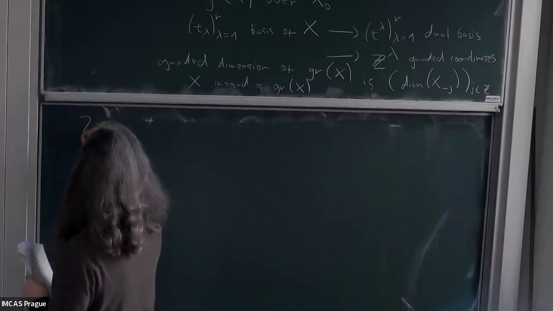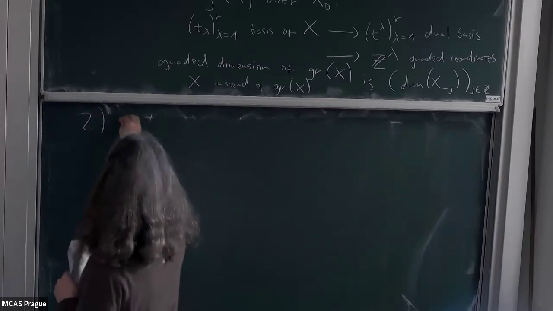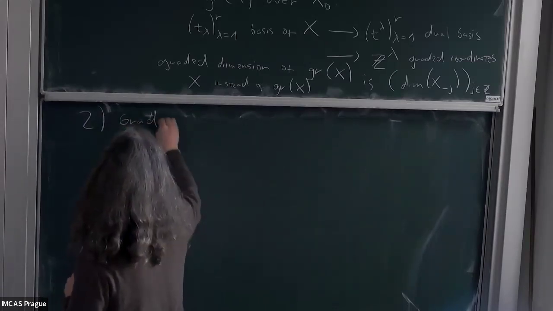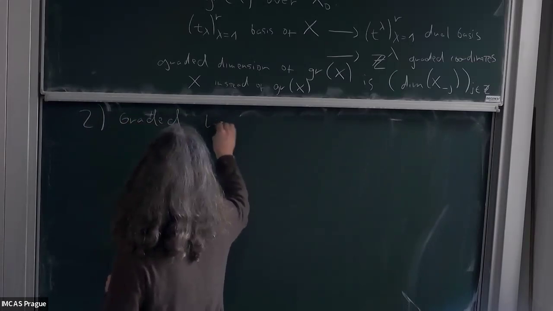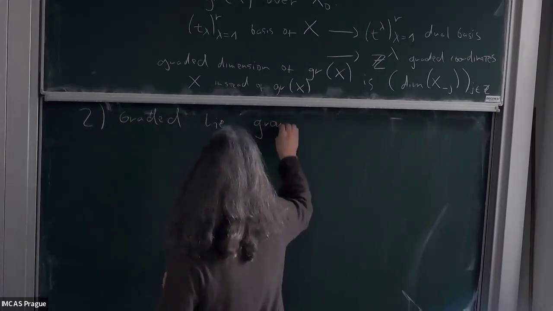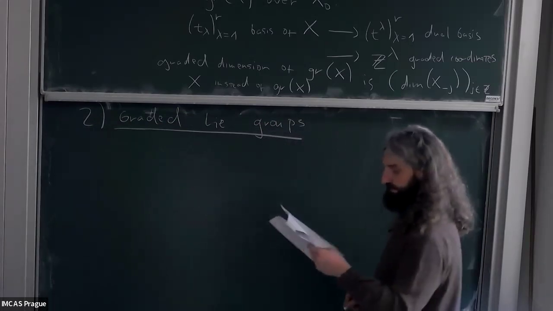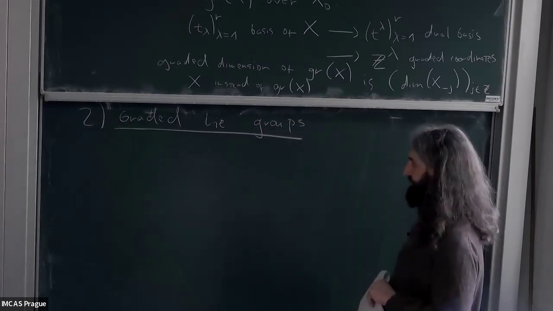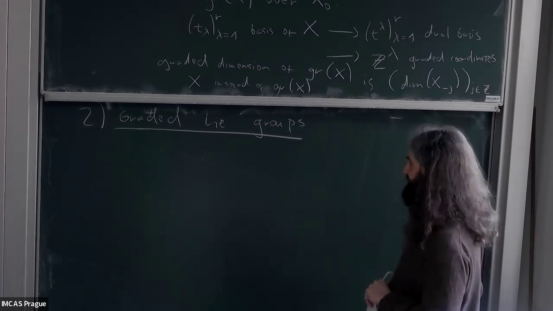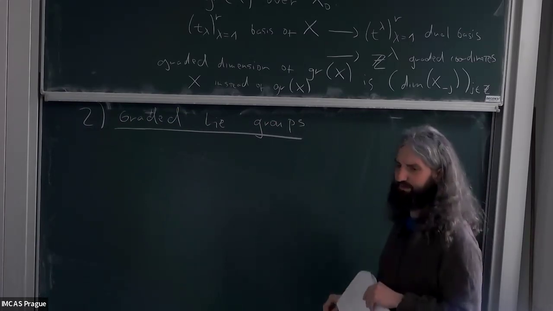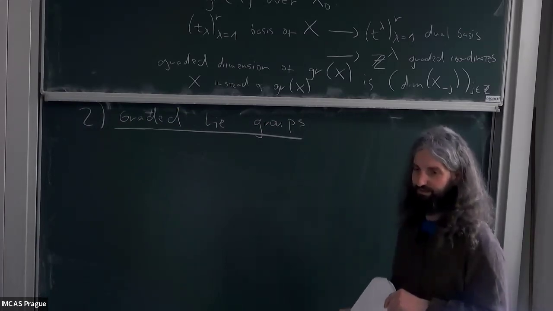So I can now start talking about graded Lie groups. The definition will be very simple because, as I already commented, graded manifolds form a category which has finite products.